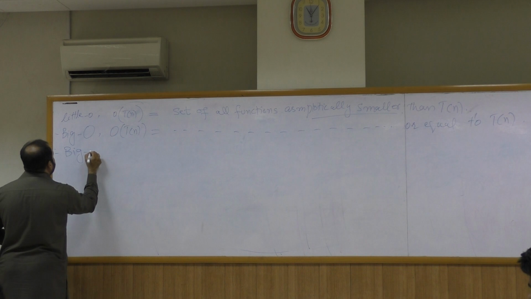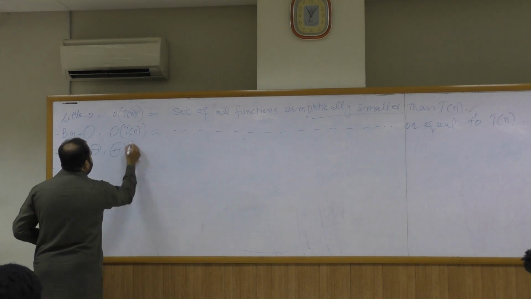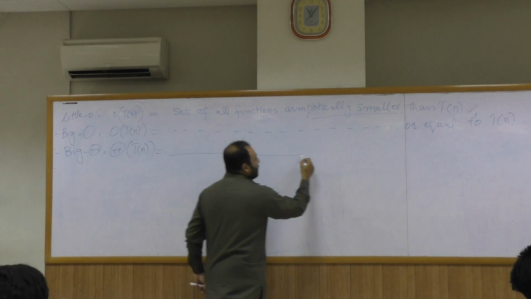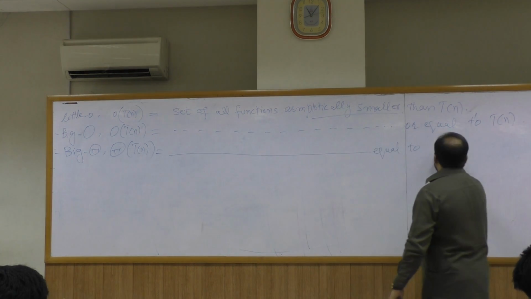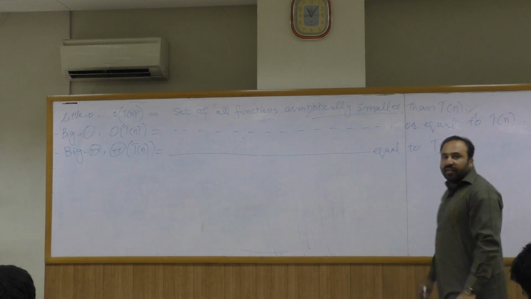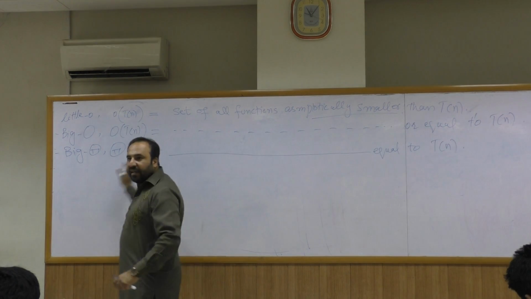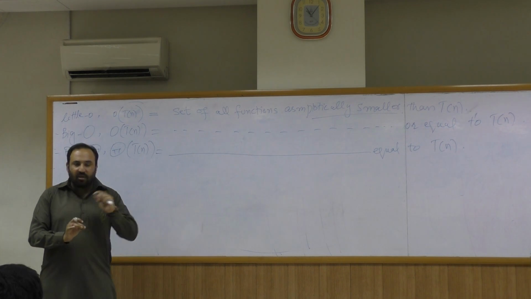Big theta, written as theta of f(n), is the set of all functions that are asymptotically equal. So it contains just equal functions. Theta of something is the set of all functions that are equal to this thing exactly, not smaller, not greater.